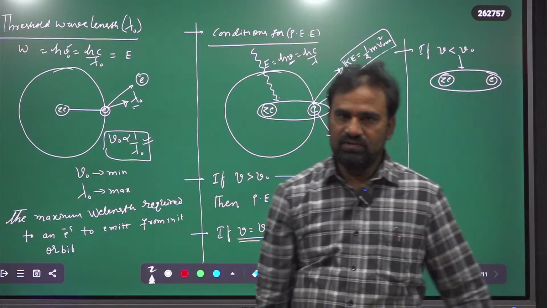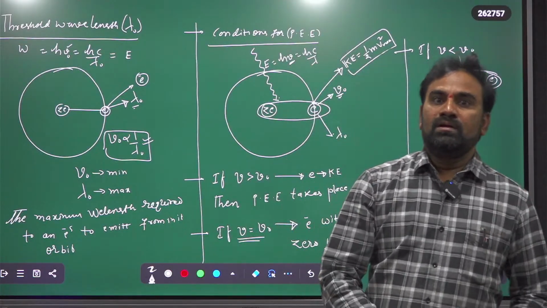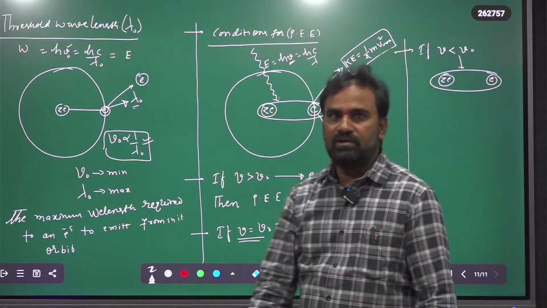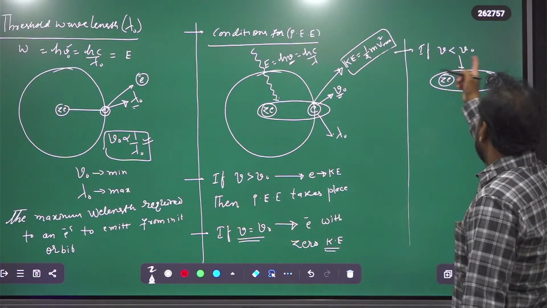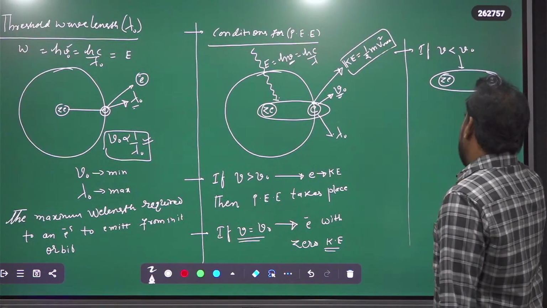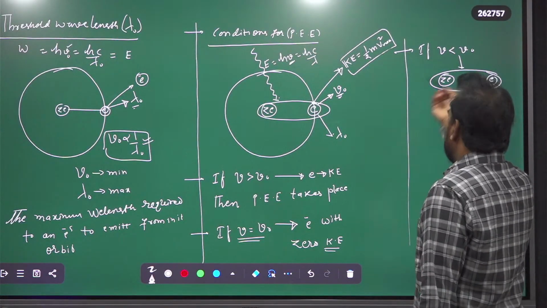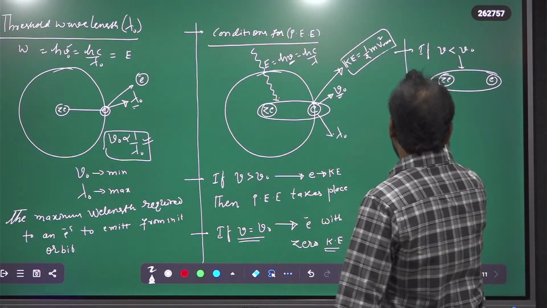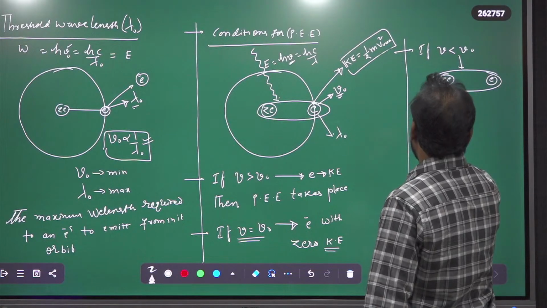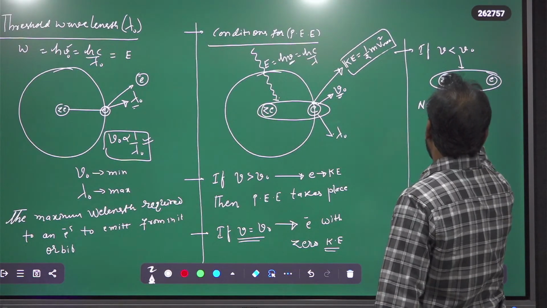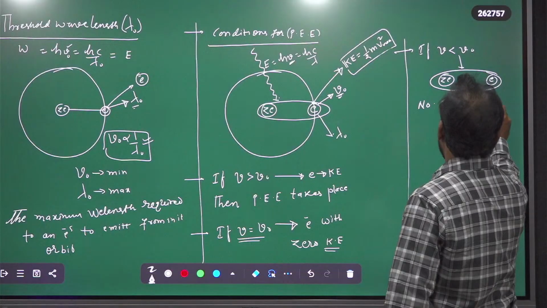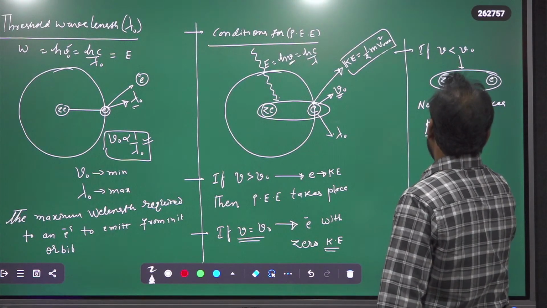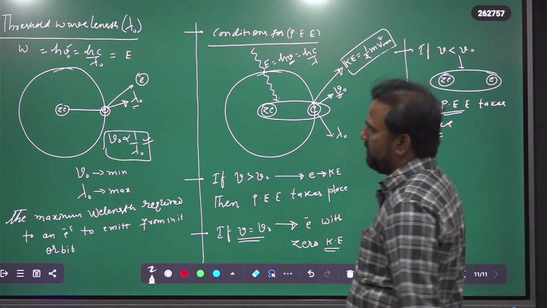When the nuclear attraction force could not be broken, how would the electron be ejected? It is not possible. When nu is less than nu naught, the bond could not be broken against the nuclear attraction force. So due to that, no photoelectric effect takes place. In this case, the photoelectric effect phenomenon is not applicable.